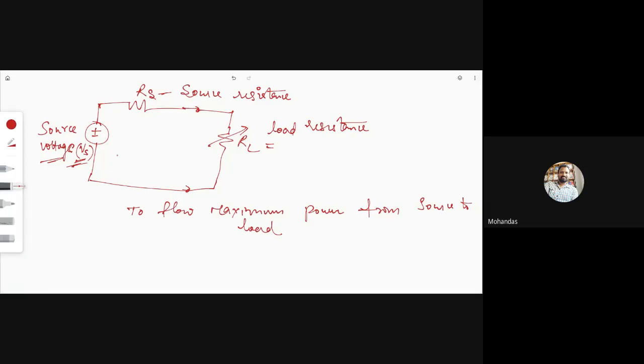When the maximum power is flowing here, according to the statement, whenever this load resistance RL is equal to the source resistance RS, that is the statement here.